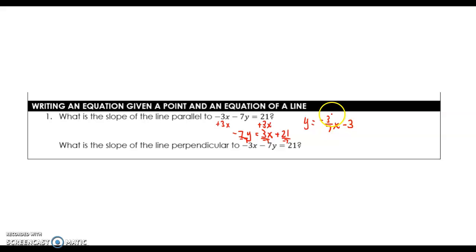And I know that the slopes of parallel lines are the same, so the slope of the line that's going to be parallel to this will also be negative 3/7.